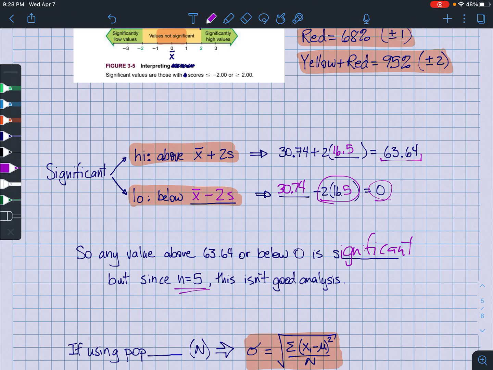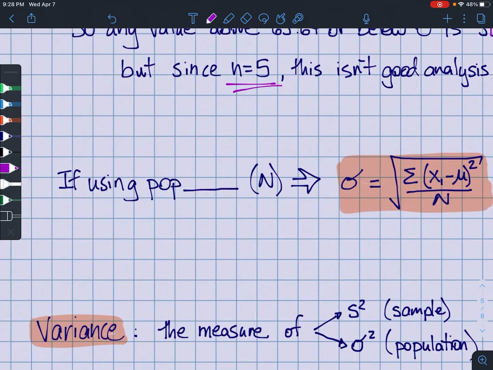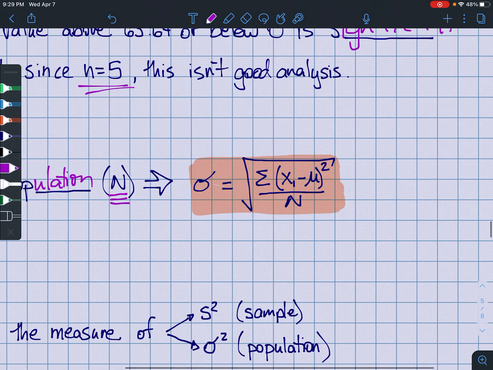But again, n equals 5. This is poor analysis because, again, I've only got 5 data items. If, however, big idea here, I know the true population and I have the data on that, if I've collected all the data, then this is how you would calculate omega.